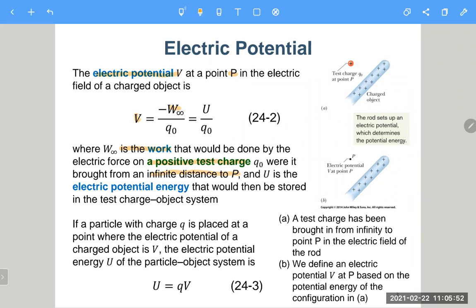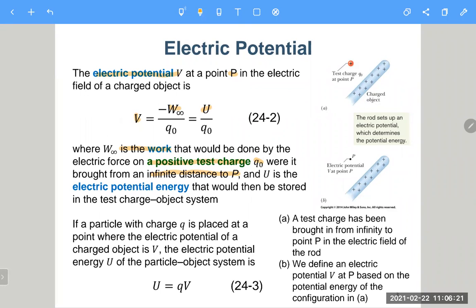Which means that the potential energy at infinite far away is 0, and then we need to do some work to bring it to any point P. And actually, the definition is minus W infinity over Q0, the positive test charge.